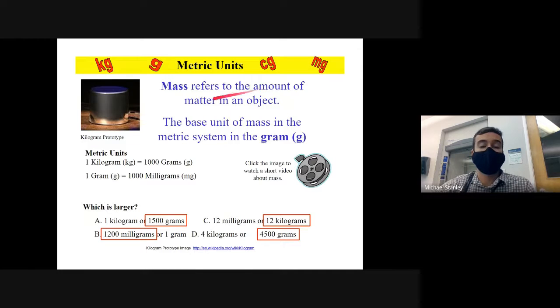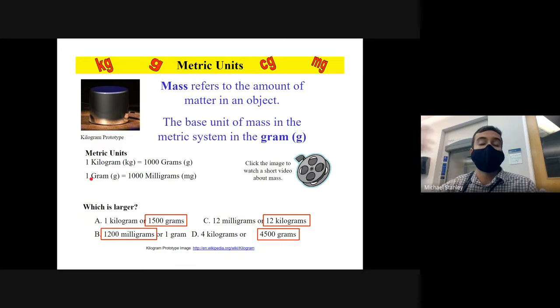So mass refers to how much matter is in an object. Essentially, how much does it weigh here on Earth? And our base unit is the gram, or the little g. So just like with our meters, if we put 1,000 grams together, that'll give us 1 kilogram.